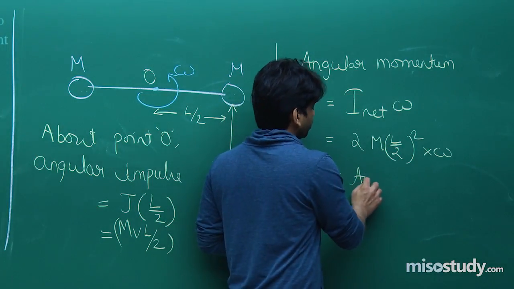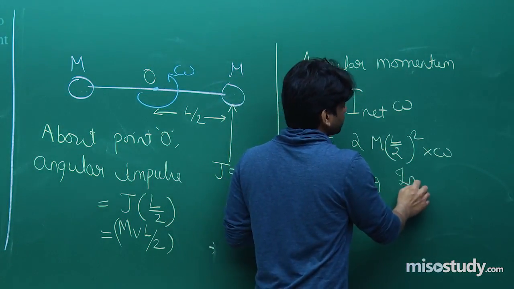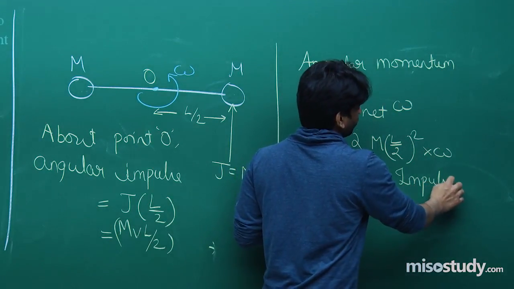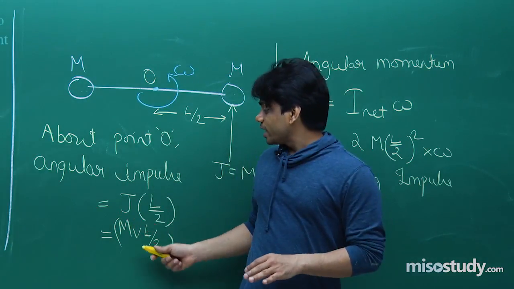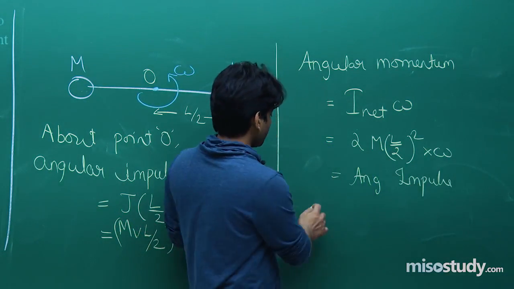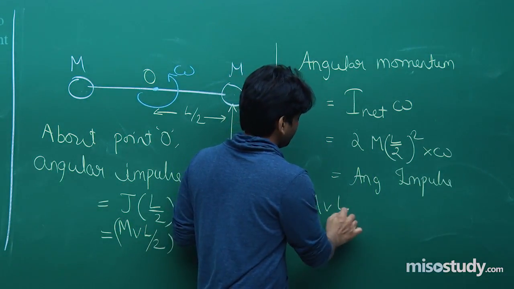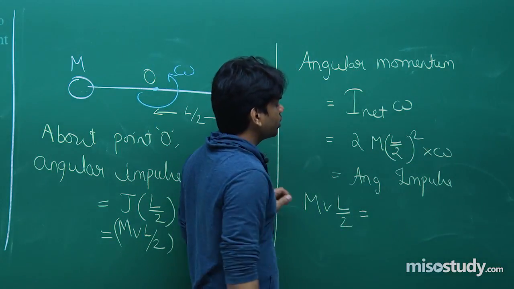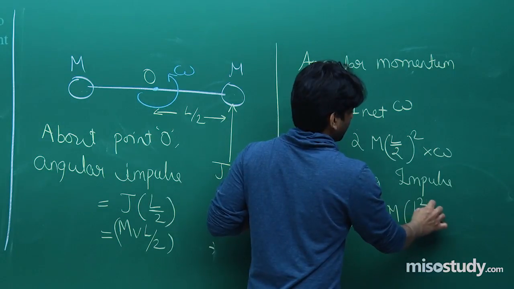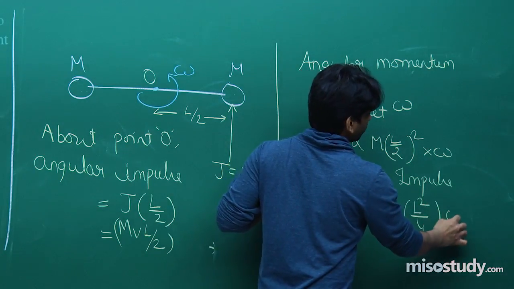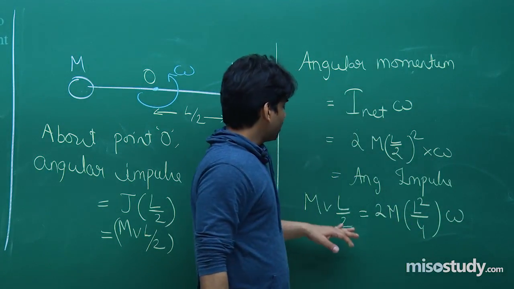So let's equate it to the angular impulse that we have already evaluated, that is mvL by 2. So mvL/2 is equal to 2mL^2/4 multiplied with omega.